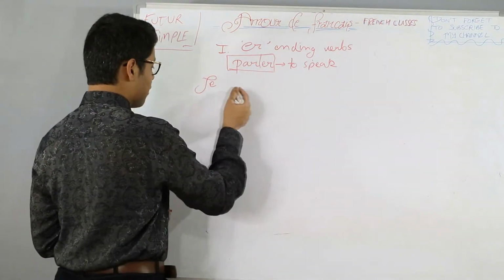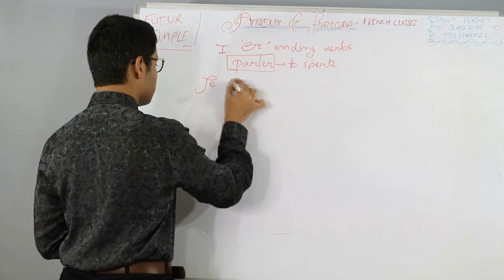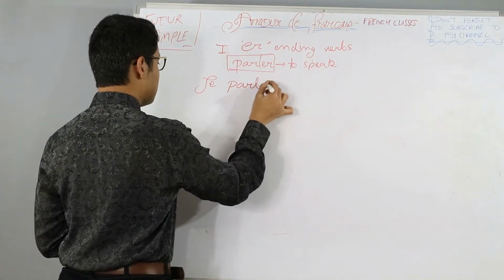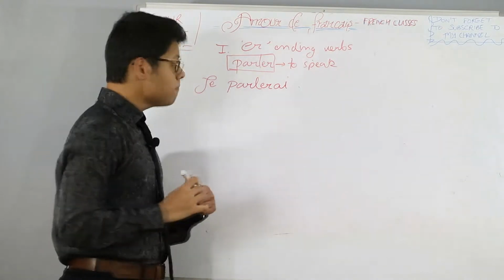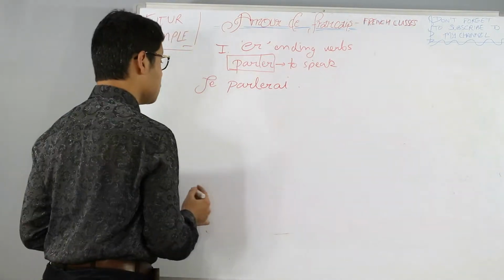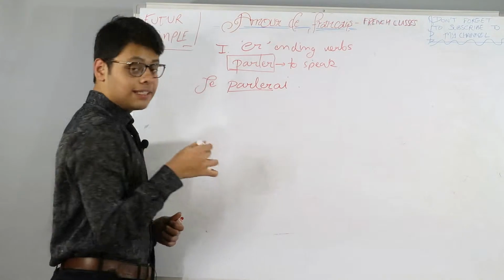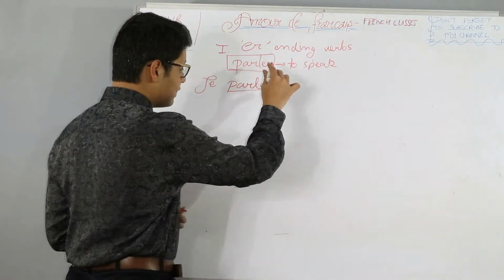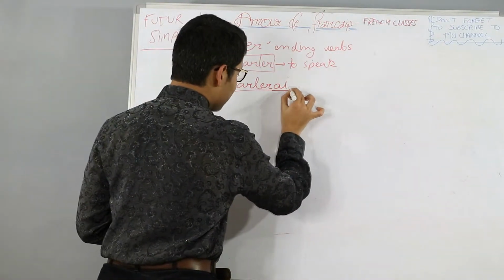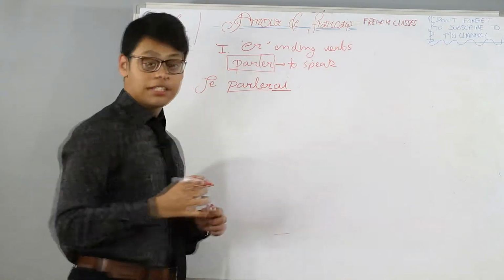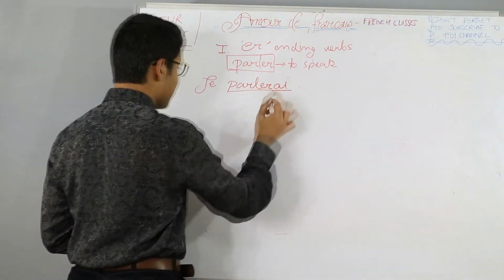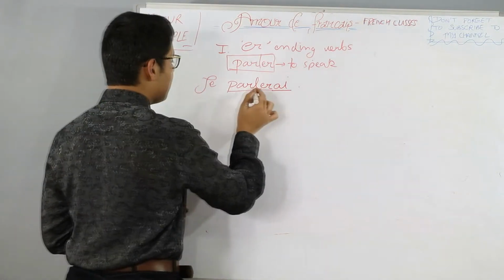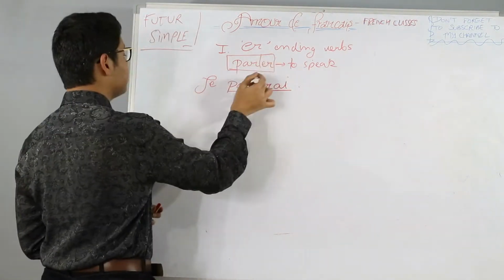Let's try to put it in a sentence. Je parlerai. So parler, the stem, without putting a space in between, we add the ending which we discussed a few minutes back, and with je, the ending is ai. So, je parlerai. The whole infinitive is taken.